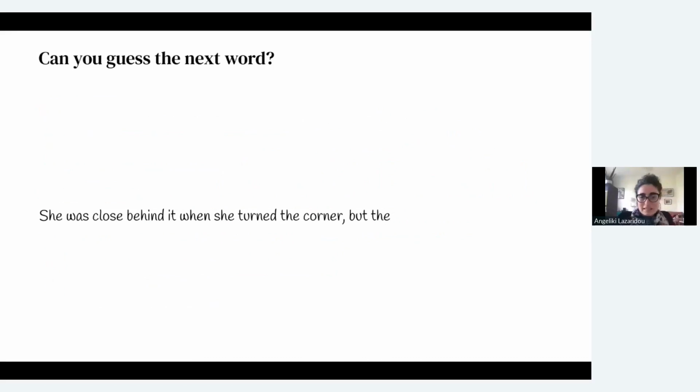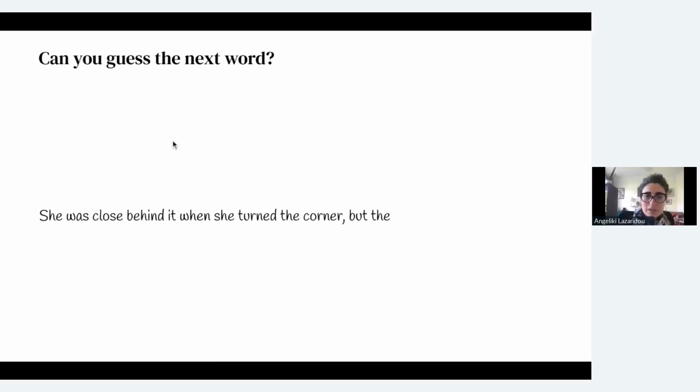But note that this is exactly what language models are faced with. They get a bit of context and they need to predict the next word. Now, this is a particularly difficult one. We don't know who she is, what it is, where this is happening. It's a pretty hard task so far. Now, let's try to make your life a bit easier.